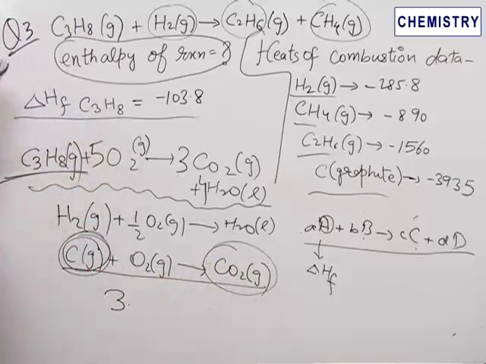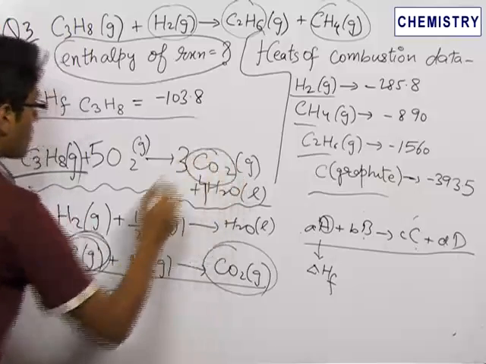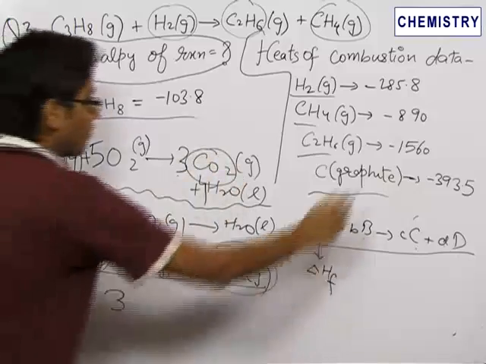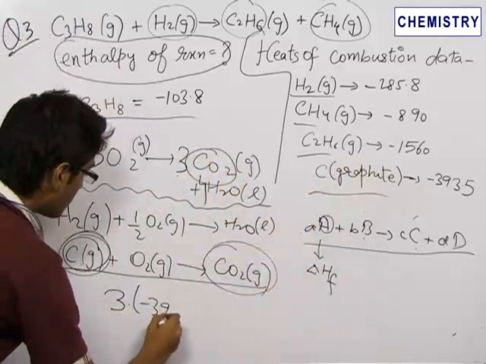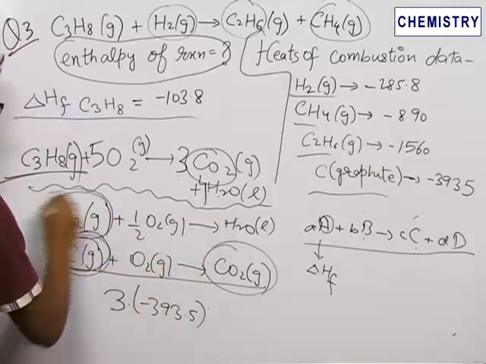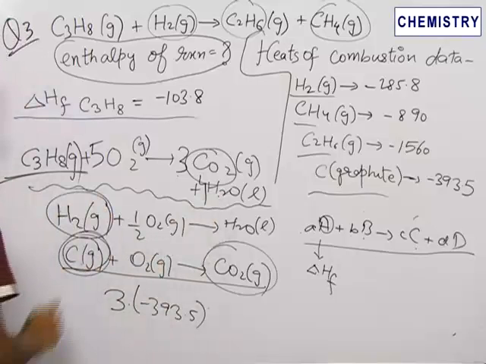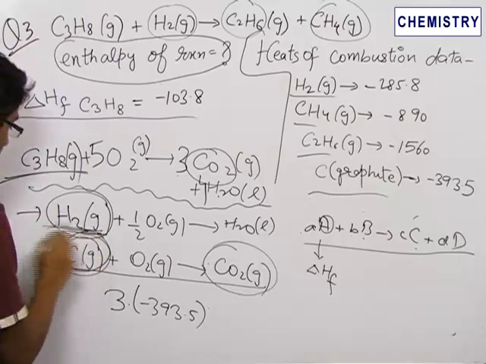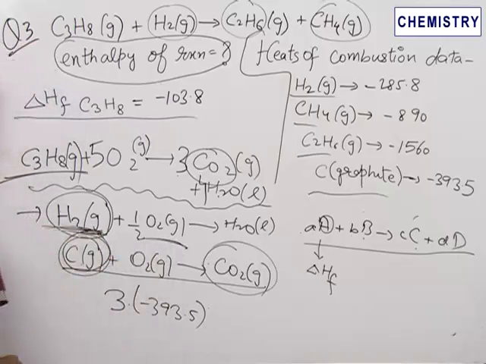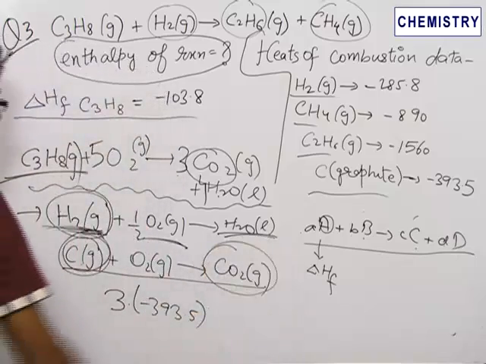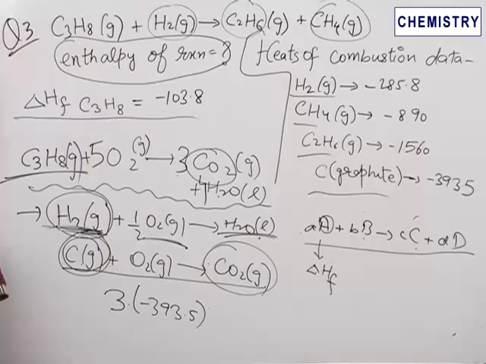Hence 3 into heat of combustion of carbon, which is minus 393.5, plus 4 into heat of formation of water, which is the same as the heat of combustion of hydrogen, because hydrogen reacting with oxygen is a combustion reaction, and we get the formation of water.